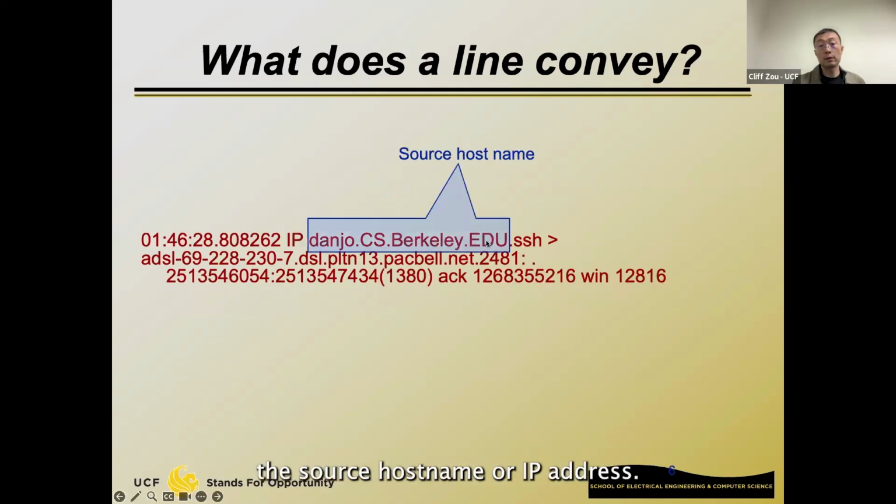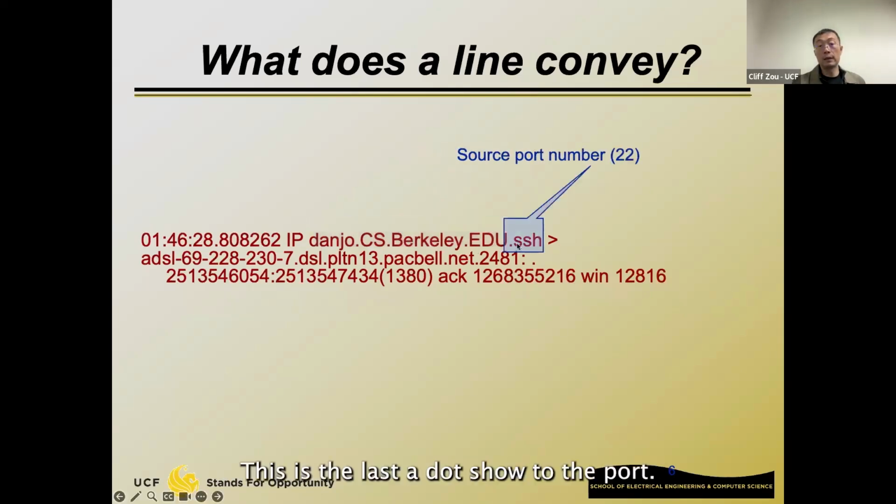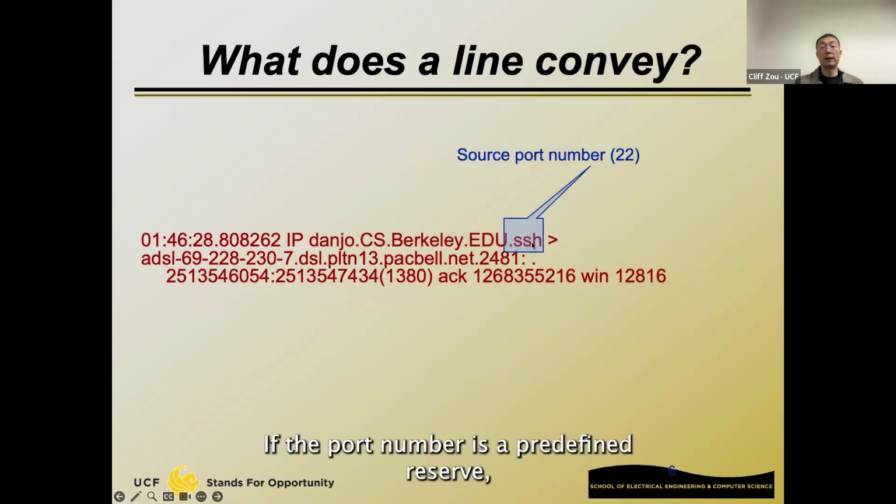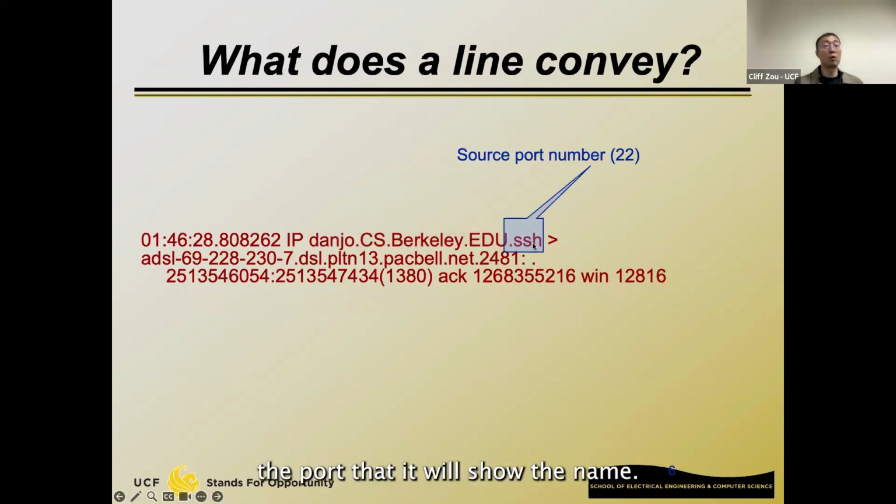Then this is the source host name or IP address. If the source IP address has a domain name, it will show the domain name. The last dot shows the port. If the port number is a predefined reserved port, then it will show the name.